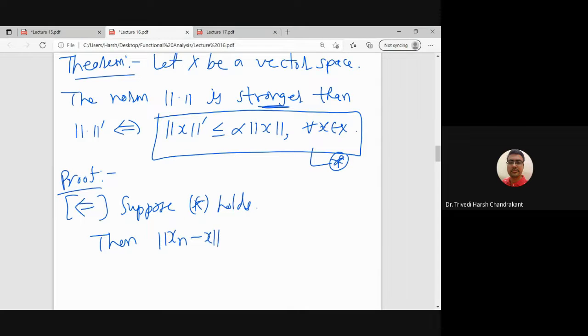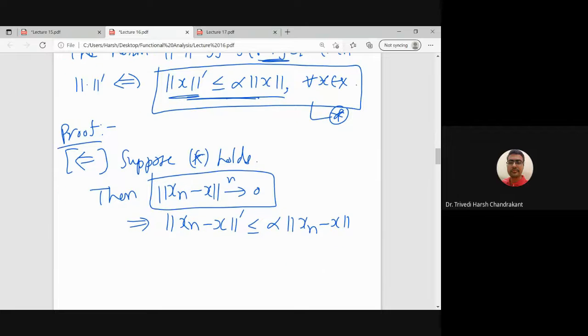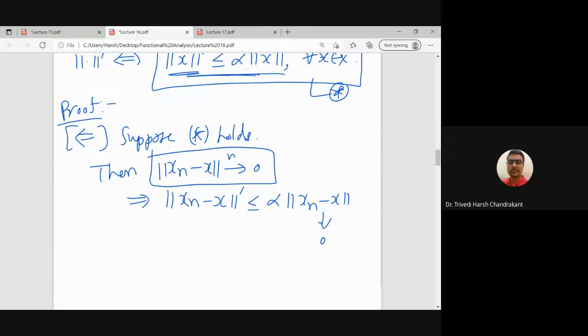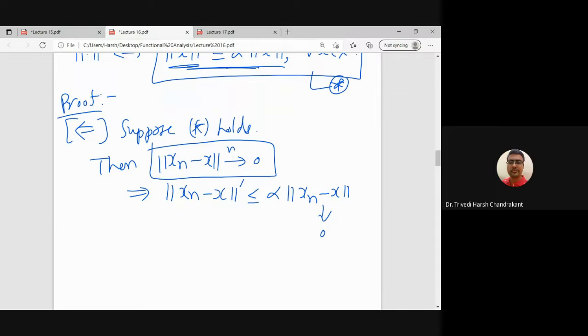xn converges to x in the first norm implies, if you use this, what happens? The dash norm of xn minus x, we are just substituting xn minus x instead of x, is less than or equal to alpha times norm of xn minus x, by star. We know the second term converges to 0, so alpha times that term will also converge to 0.